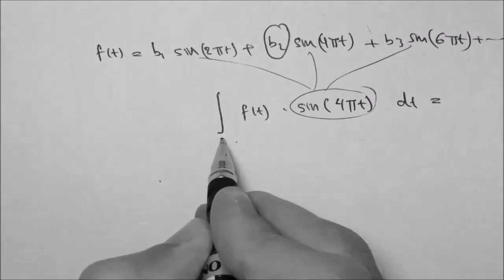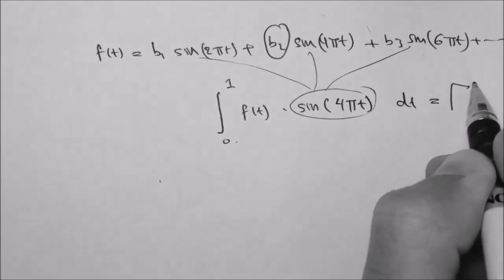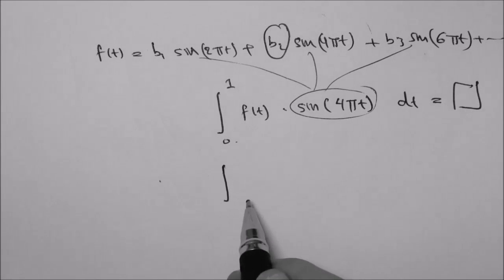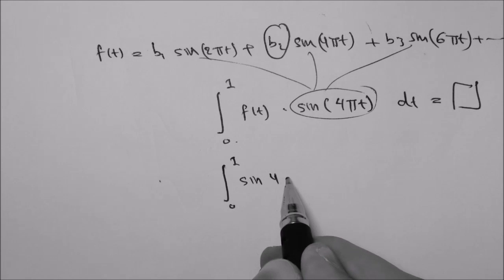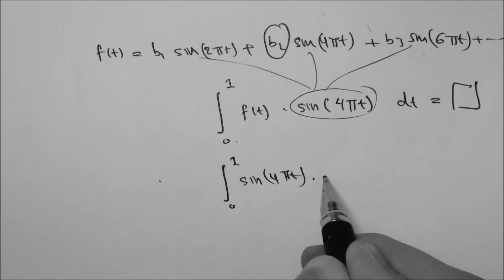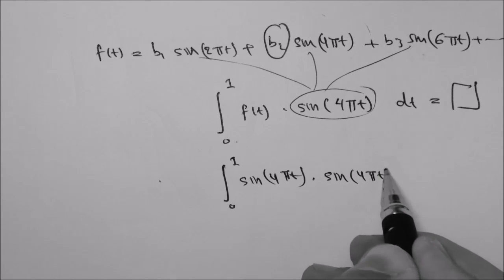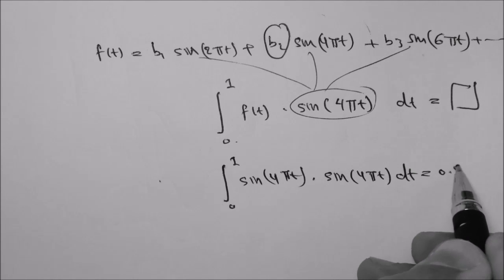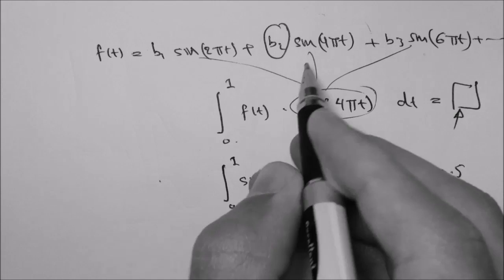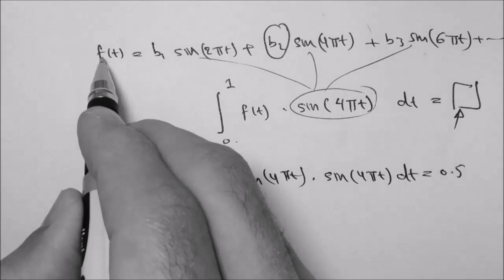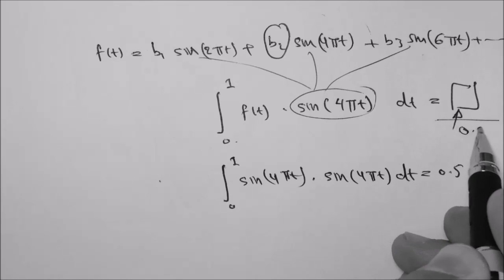You find the result of this integration from 0 to 1. You get a value. We also found that the result of integrating a 2 Hz sinusoidal multiplied by itself gives you 0.5. However, we got this. This means that the magnitude of the 2 Hz component inside f of t is this value divided by 0.5.